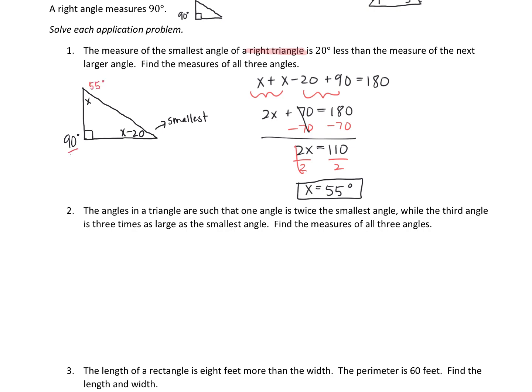We already know that the right angle is 90 degrees. And now we can just plug in 55 for the other angle, the x value. 55 minus 20 is 35 degrees. So there are the measures of the three angles, 90, 55, and 35.